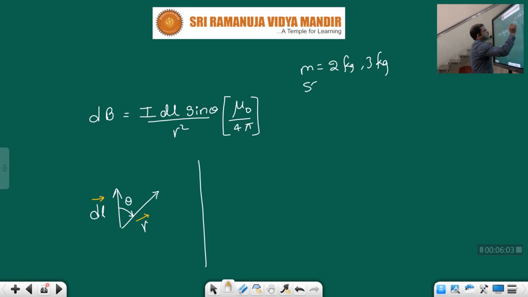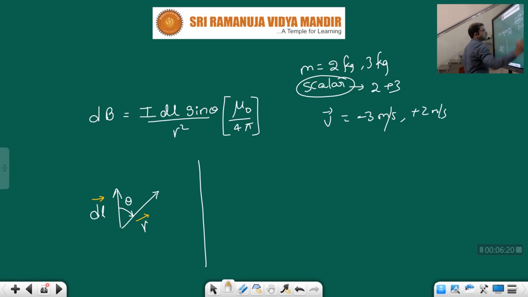So this is called what? Scalar. So directly we can add 2 plus 3. If we take velocity, it will be like minus 3 meter per second and plus 2 meter per second. Velocity is a vector quantity which has a specific direction.